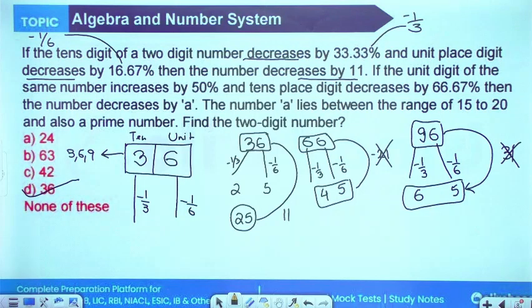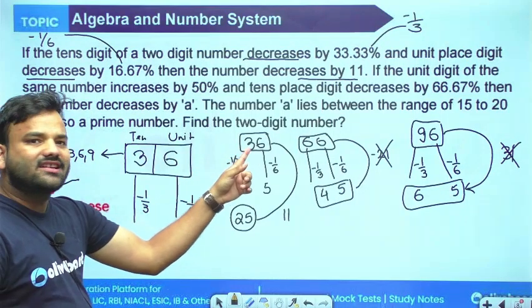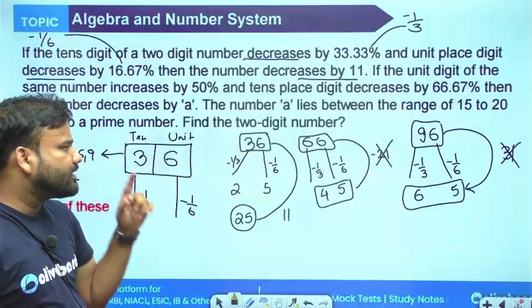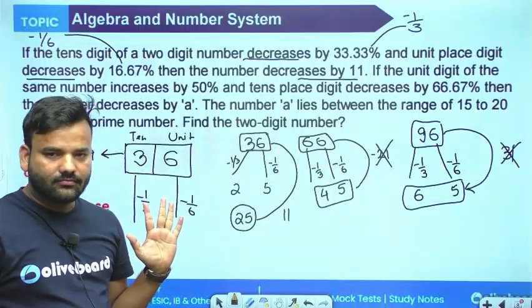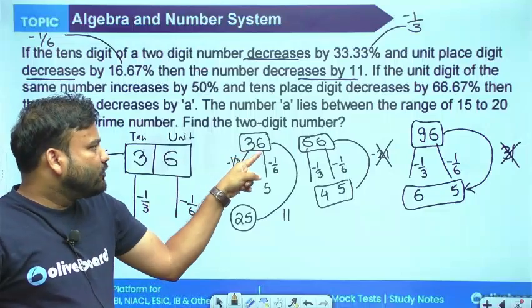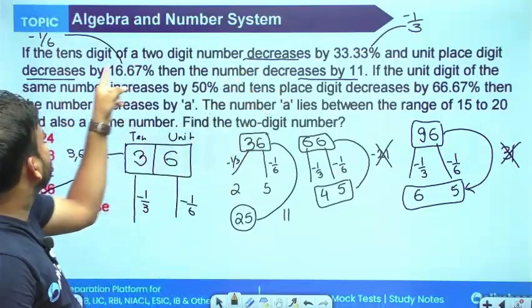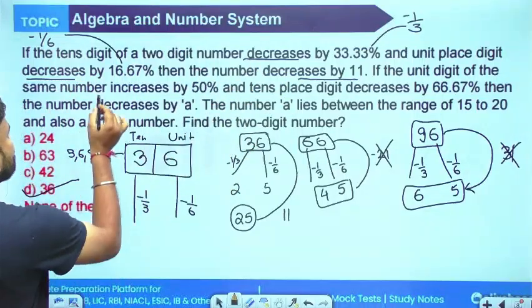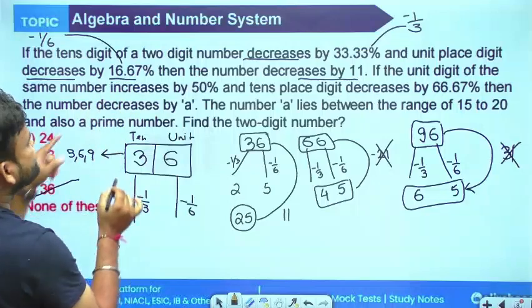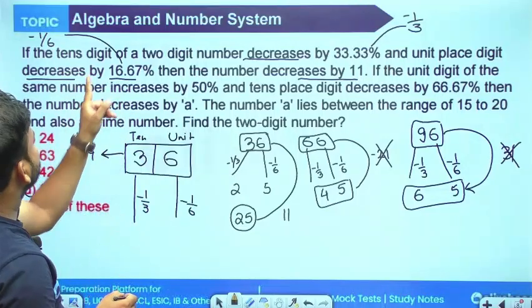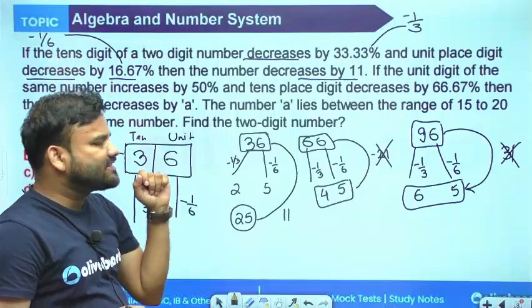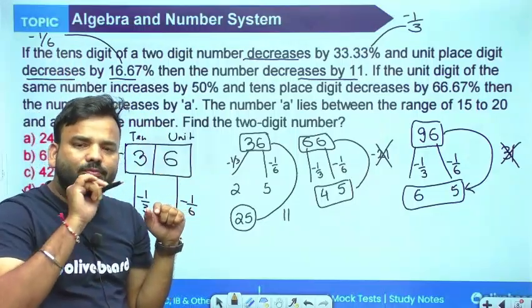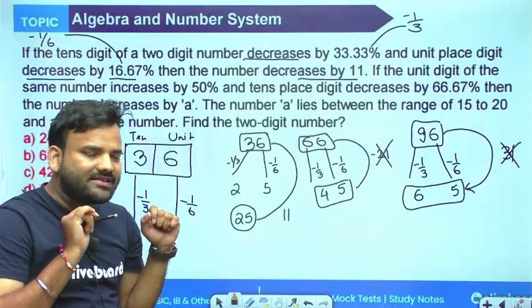How did it become 25 from 36? See, 36 is the number. The possibilities of the number would have been 36, 66 or 96. The unit place decreased by 16.66%, that is 1 by 6.